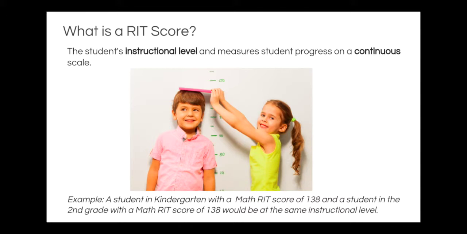An example would be a student in kindergarten with a math RIT score of 138 and a student in the second grade with a math RIT score of 138 would both be at the same instructional level even though they were in different grades.